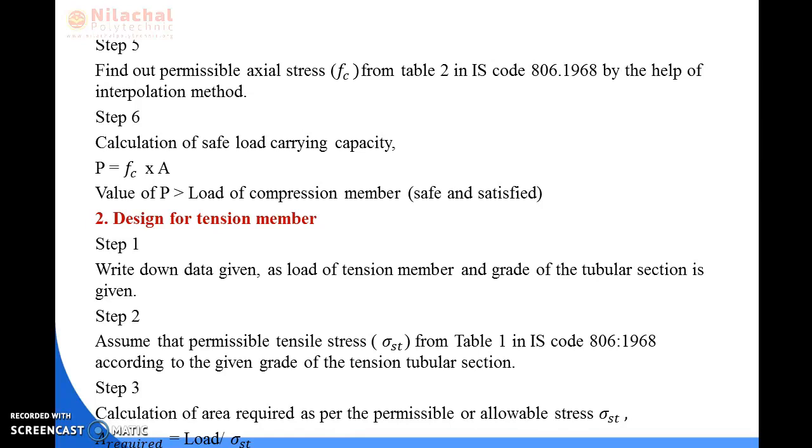Then step 2, assume the permissible tensile stress, that is sigma ST, from table number 1 in IS code 806-1968 according to the given grade of the tension tubular section. Then step 3, calculation of area required as per the permissible or allowable stress, that is sigma st, and A required is equal to load divided by allowable stress, sigma st.